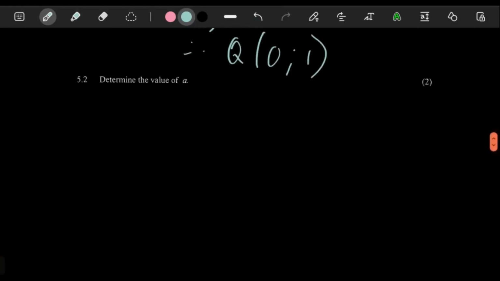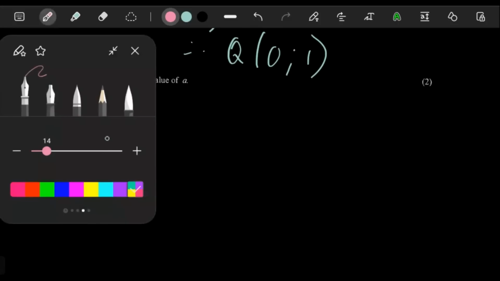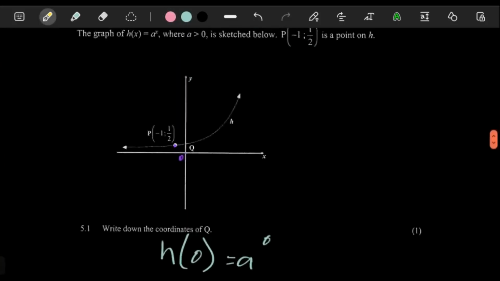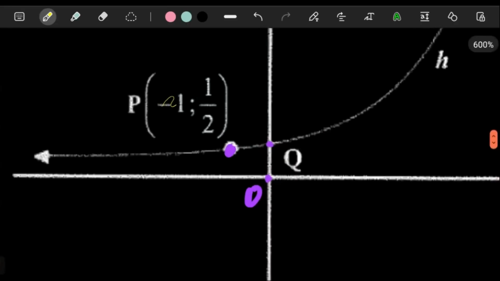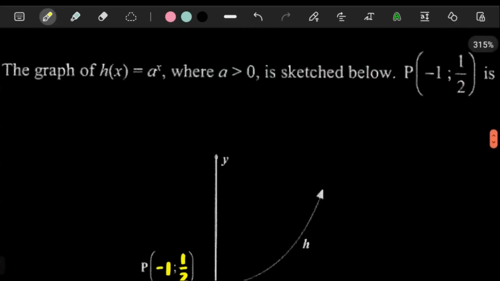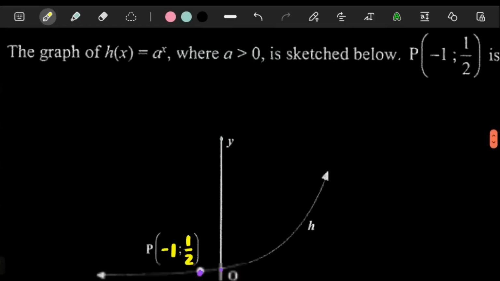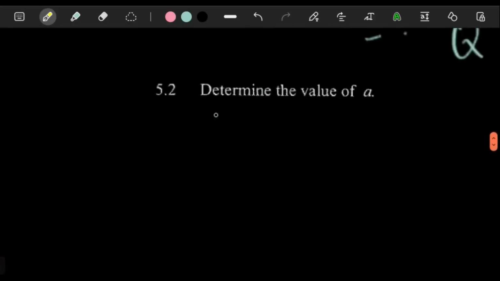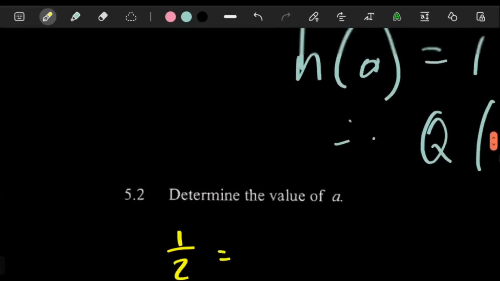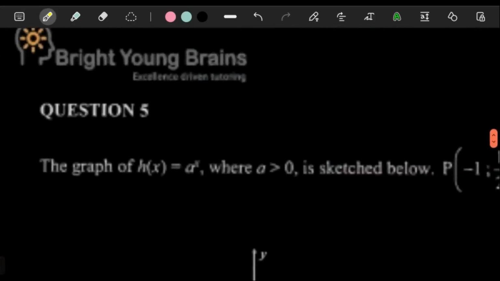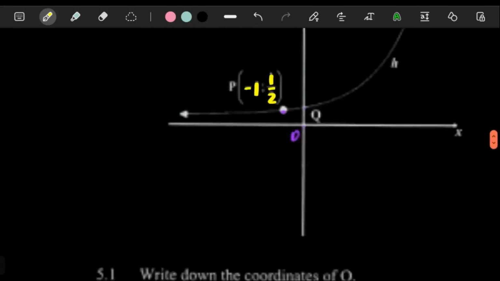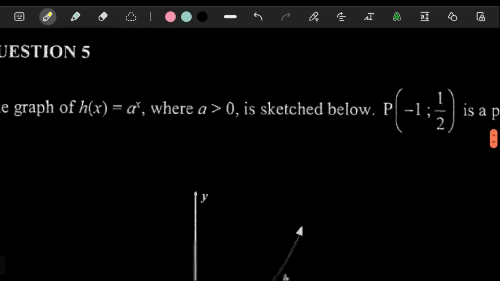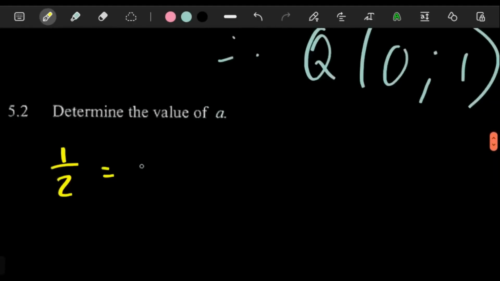Now they say determine the value of a. Getting the value of a is quite straightforward, because you have a coordinate that the graph passes through anyway. Here x is negative 1 and y is a half, so you have a half equals a to the power of negative 1.